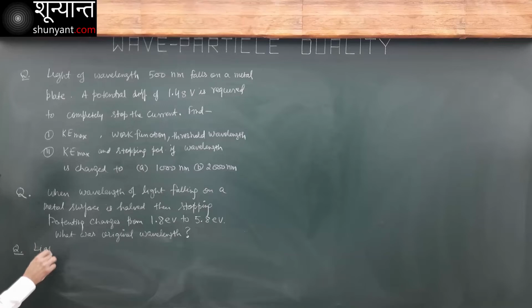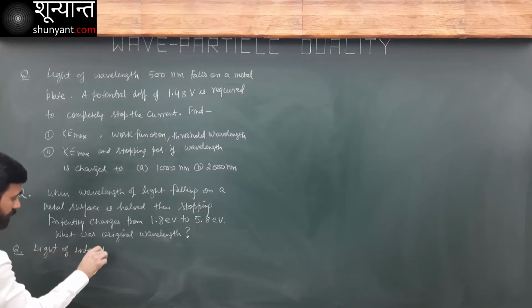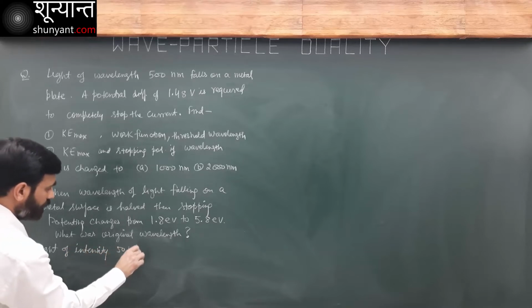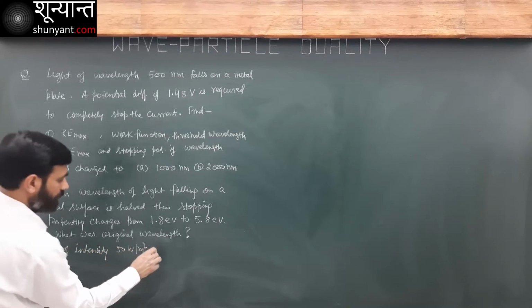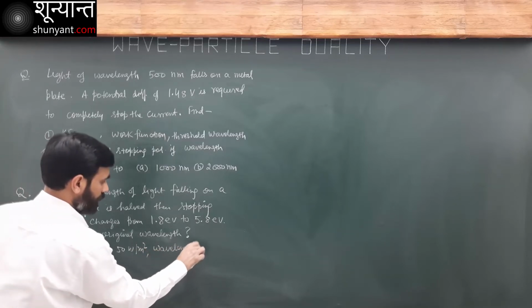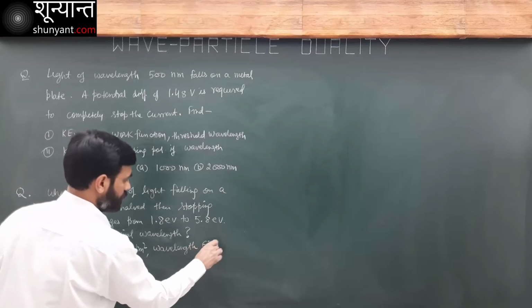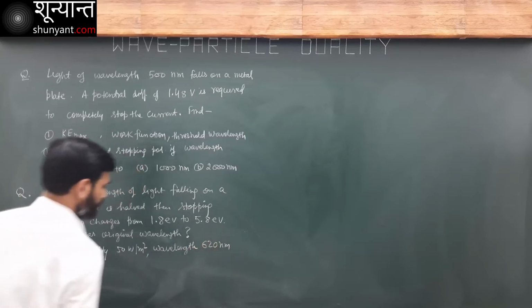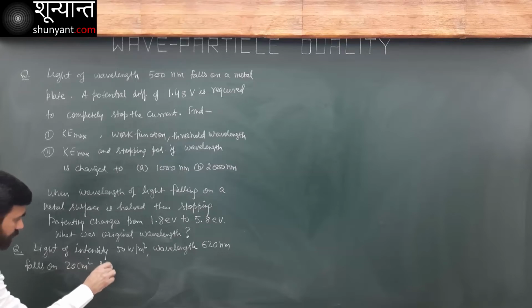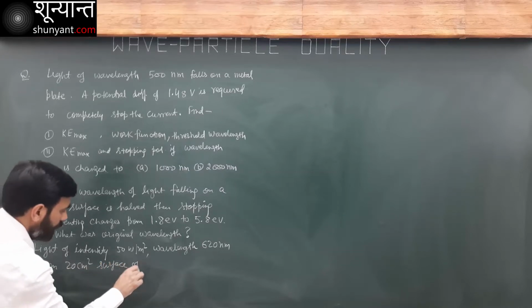Light of intensity 50 watt per meter square, wavelength 620 nanometer, falls on a 20 centimeter square surface of metal.